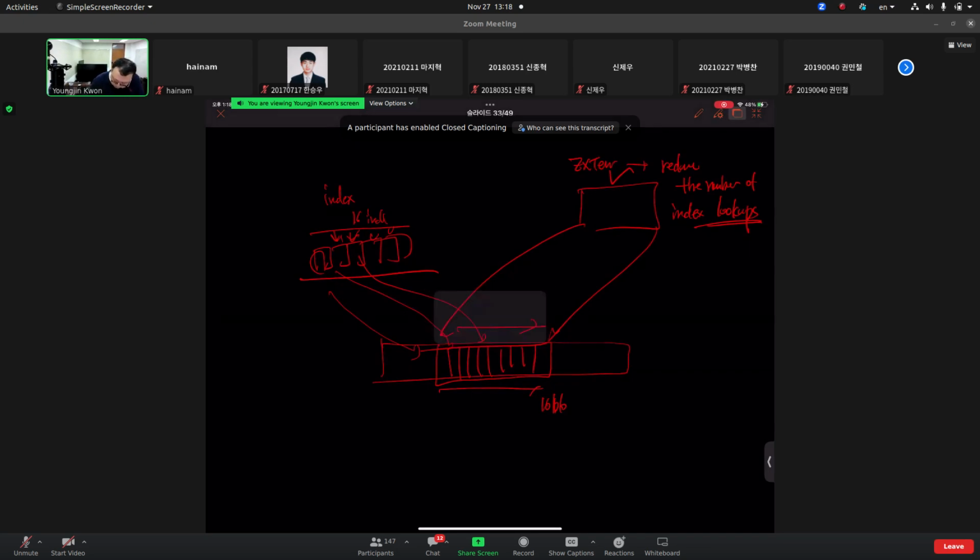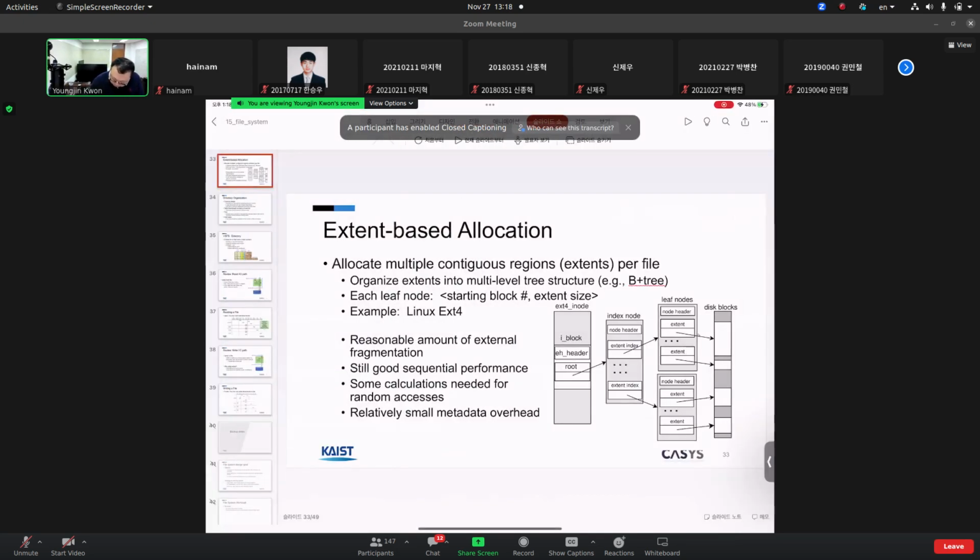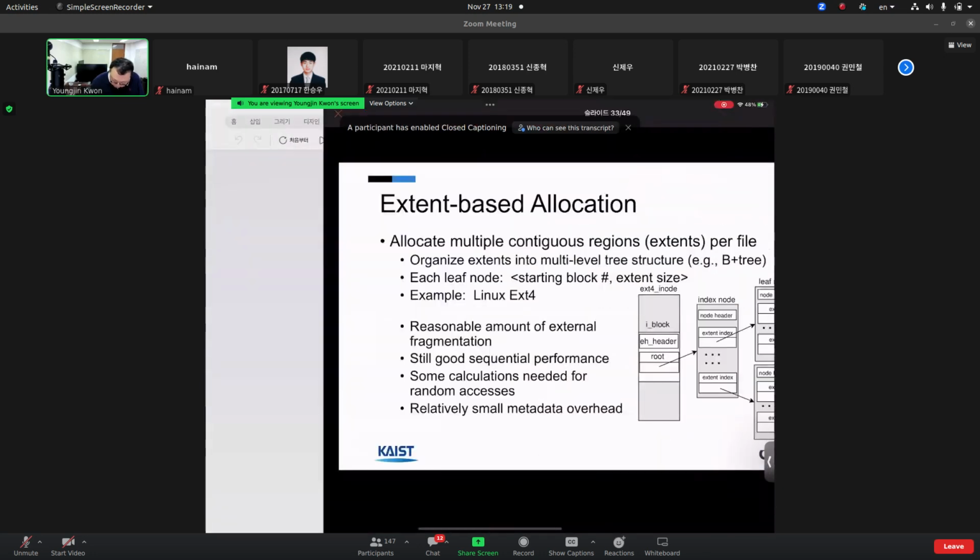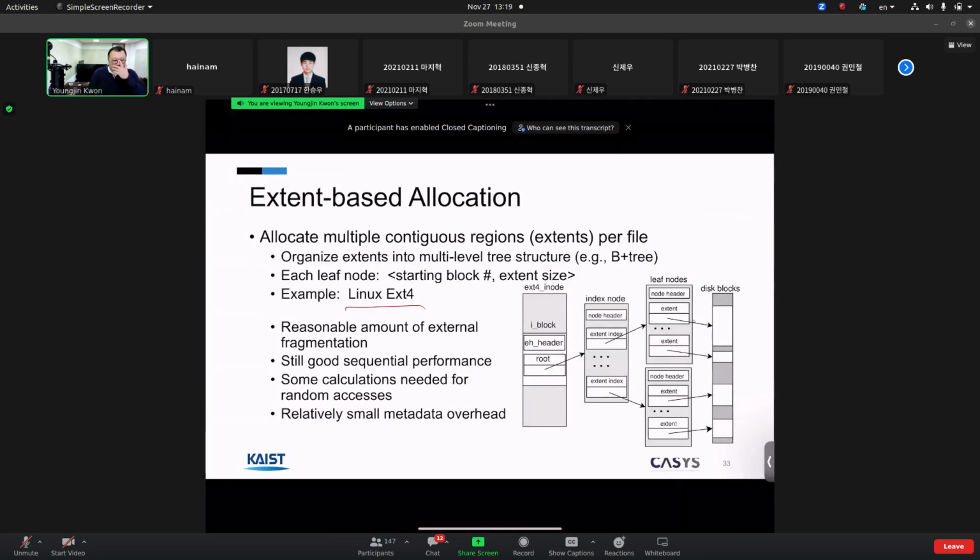So this is a common reason that extent-based allocation is popular in modern file systems. The size of metadata is sometimes a bit bigger, but let's not get bothered. So metadata overhead is also very small, and there is good sequential performance. Mostly this is the main reason that extent-based allocation is popular today.